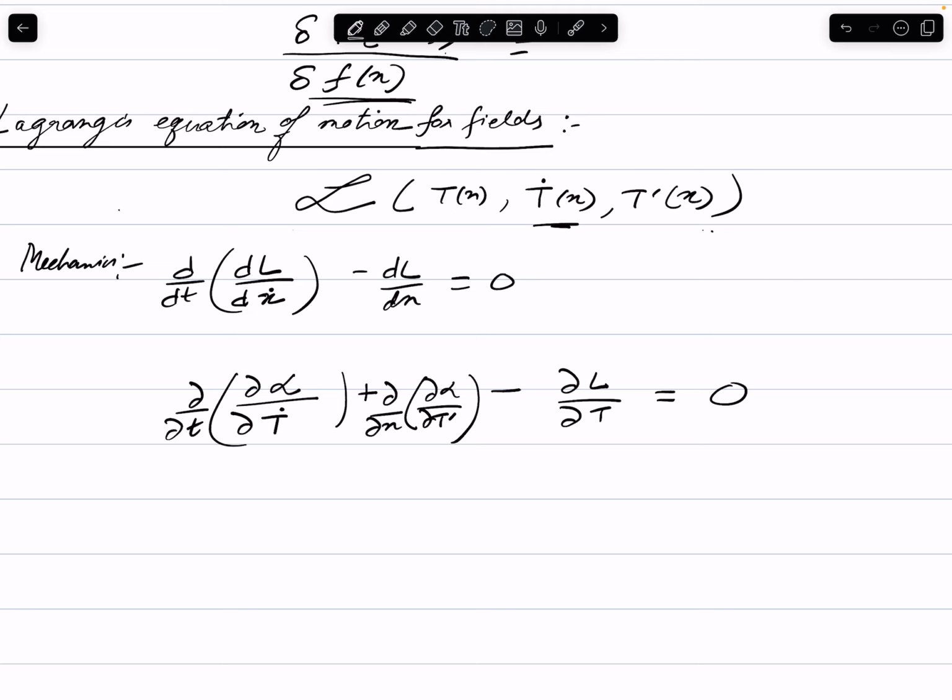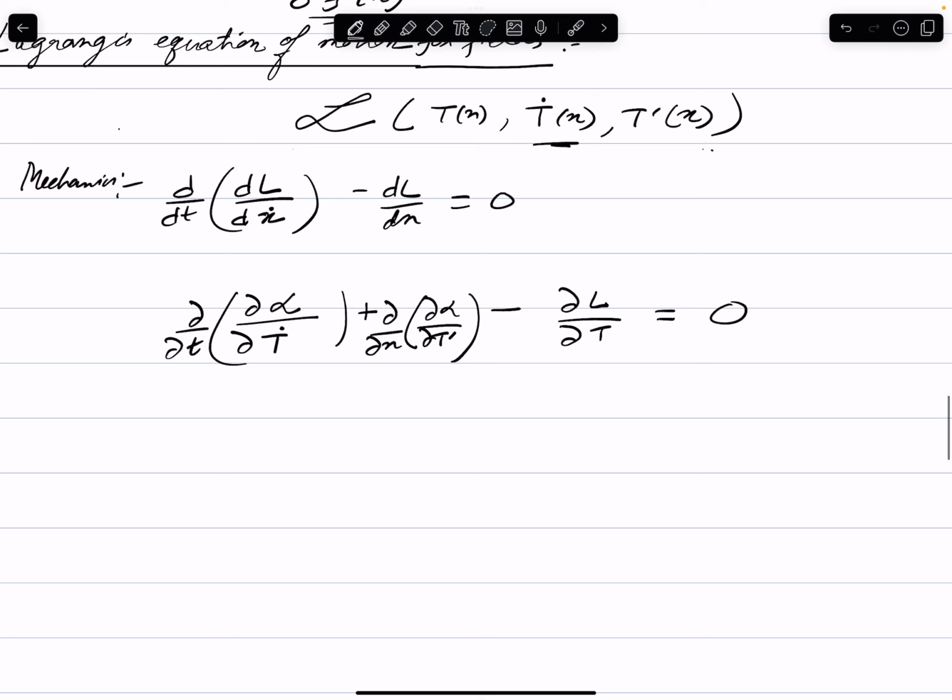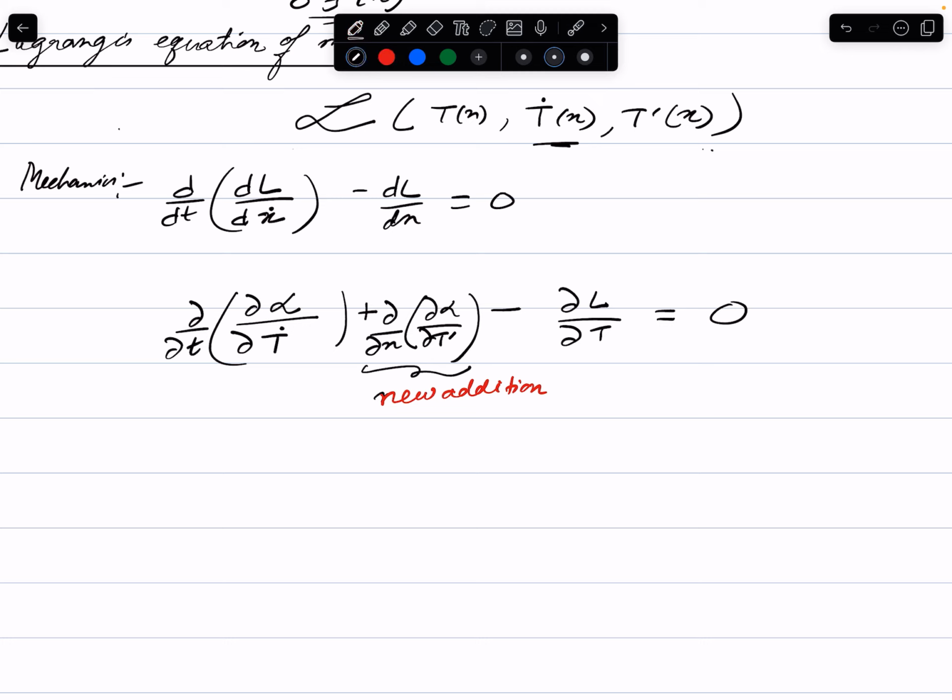Okay, so this is the new addition, which is space and time come on the same footing when I am doing this. And remember, the other difference is that this is the Lagrangian, whereas this is the Lagrangian density.